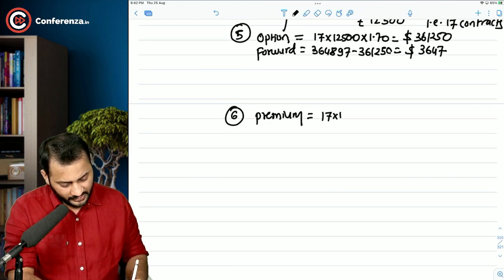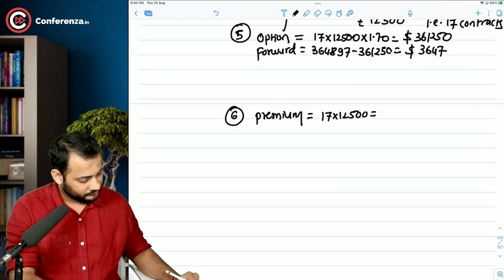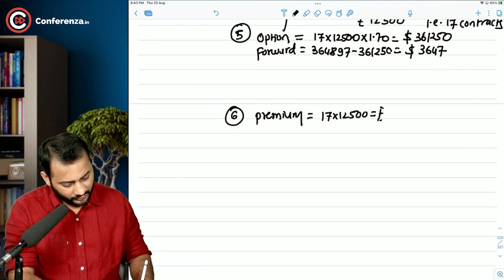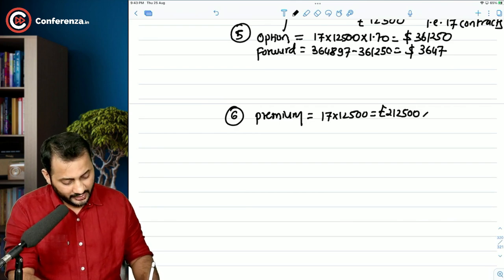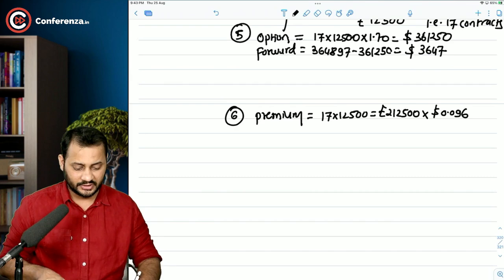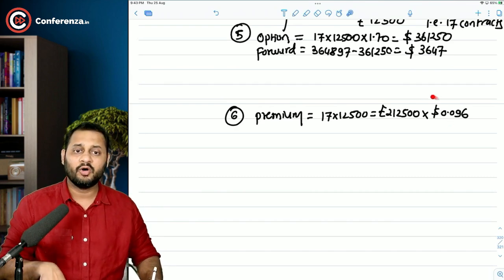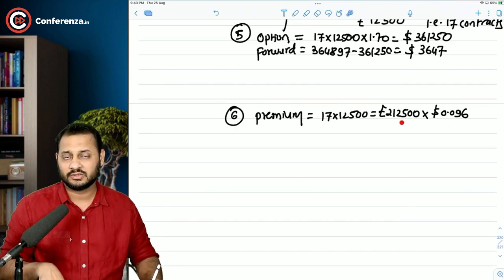17 multiplied by 12,500. That means you have contracted to sell or agreed to sell 2,12,500 pound. On every pound you will have to make a payment of the premium of $0.096. That is what you need to understand. This is the premium on every pound out of this.